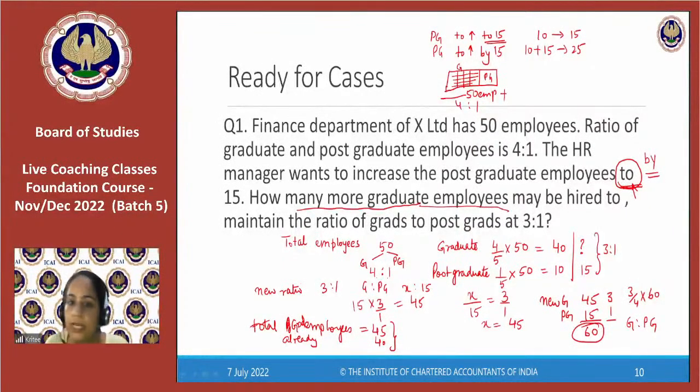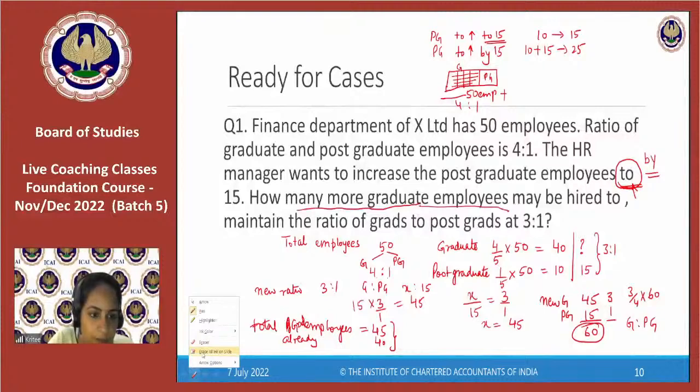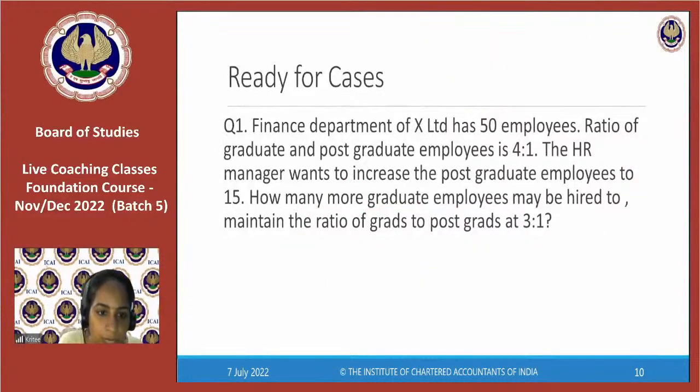Okay, I'll quickly repeat the solution for people. So I'll just tell you through steps. We'll go stepwise. You have total employees as 50.